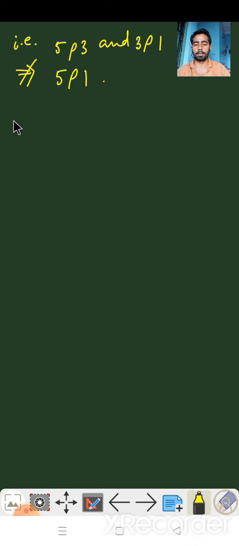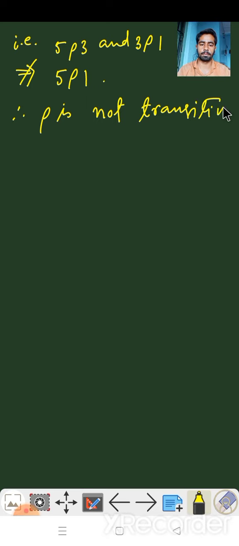Hence, rho is not transitive on S, which equals Z.